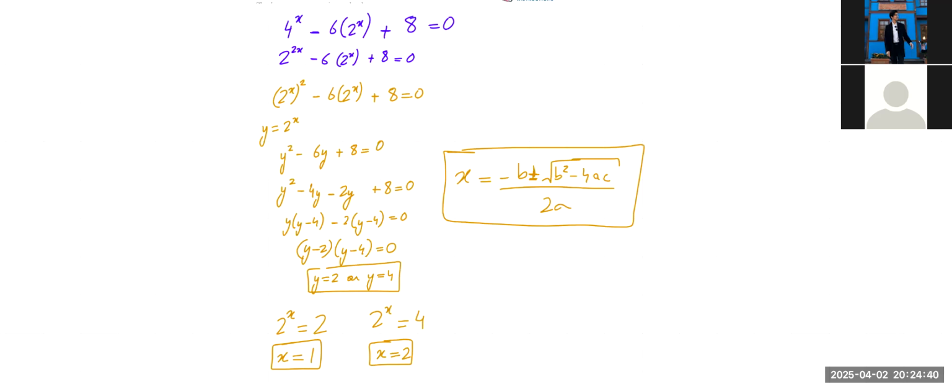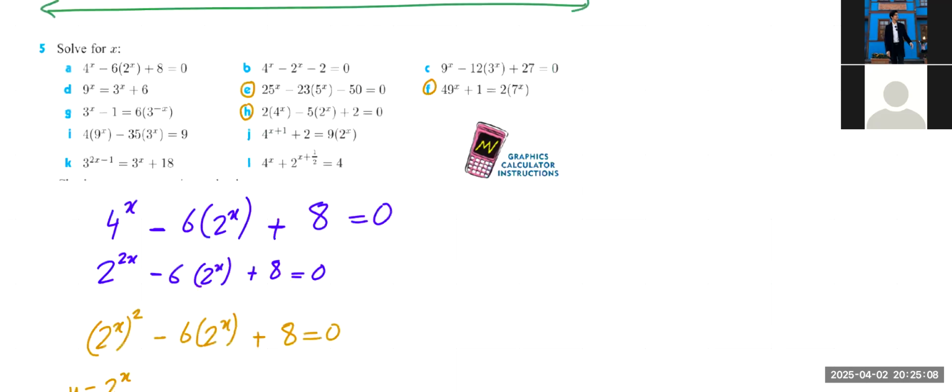But remember that if you want to do that, don't write y squared minus 6y plus 8 is 0. Write x squared minus 6x plus 8 is 0. But when you find the answers, say that y is that answer and y is that answer. Because in your paper, you're writing y, but the calculator doesn't know how to do y. It just knows how to solve for x. So don't get confused with this. Okay. Does that make sense?